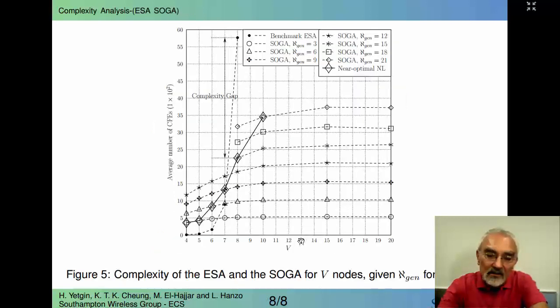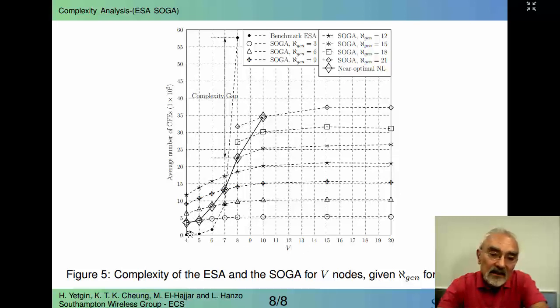And so really let me just conclude with a quantitative set of results. On the vertical axis we have the number of cost function evaluations, which indicates the associated network lifetime evaluation complexity. And on the horizontal axis we have the number of nodes, again in line with the table that we considered in terms of the number of potentially available routes.